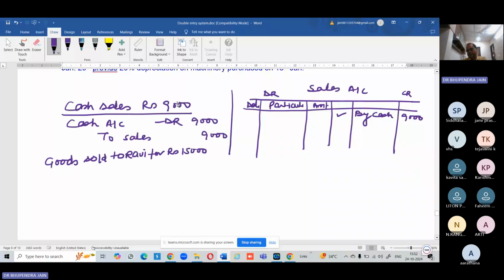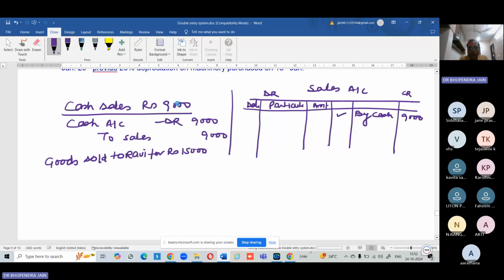Now first we have to pass the journal entry in the general book. So this is a credit sale, not a cash sale, because goods are sold to Ravi. So goods is the real account, Ravi is the personal account. So what is the rule of the real account or personal account? Rule of the personal account: debit the receiver and credit the giver.